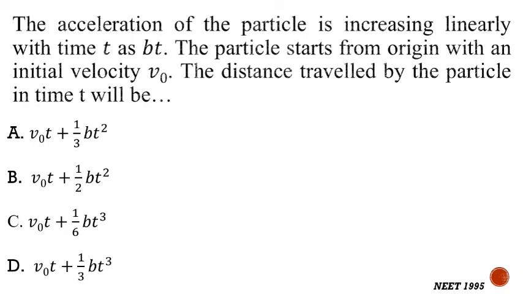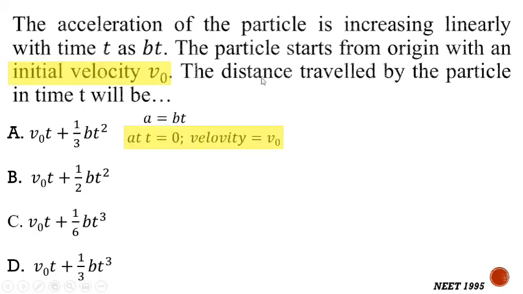Next problem: the acceleration of the particle is increasing linearly with time t as bt. That means acceleration is given, that is equal to bt. The particle starts from origin with an initial velocity v0. The initial position is given and initial velocity is also given.